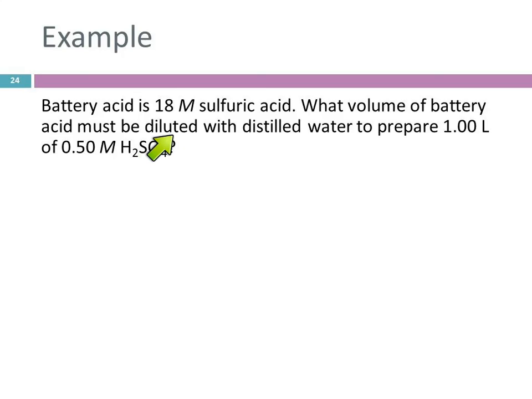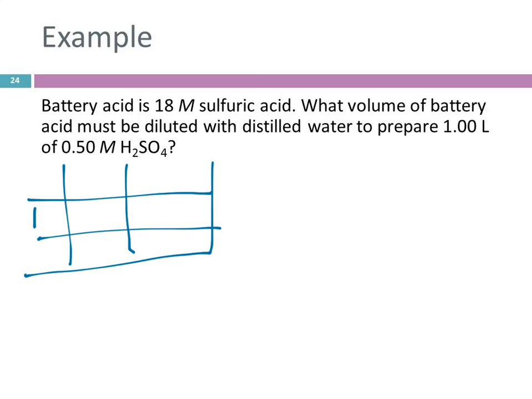The word dilute is even in there. Diluting, M1 V1 equals M2 V2. So we need to make a little table here and identify what these things are. 1 and 2, M and V. Battery acid is 18 molar sulfuric acid. Okay, so let's put that in for M. 18 moles per liter.